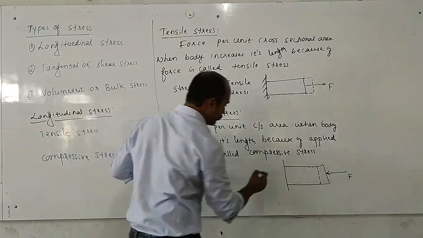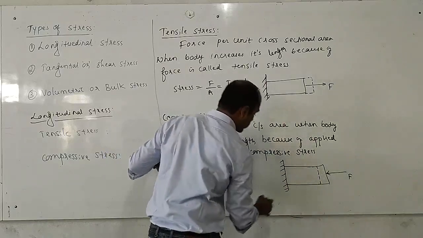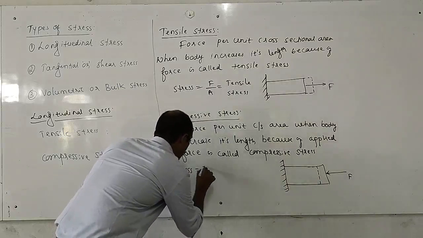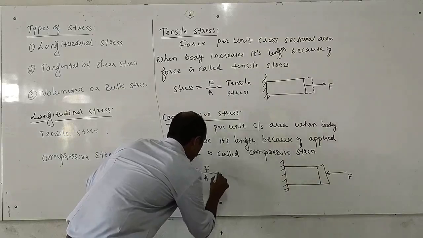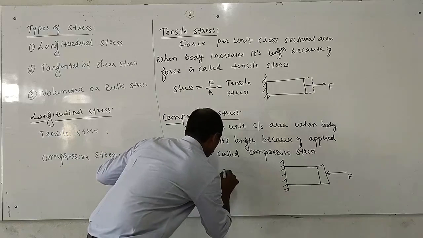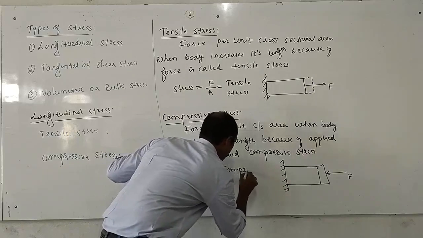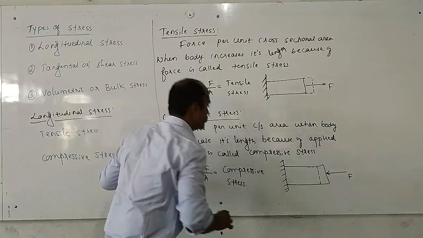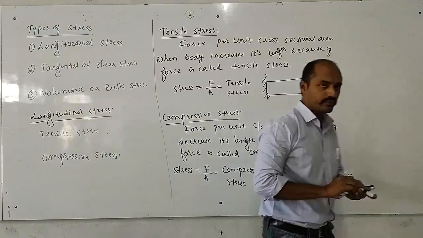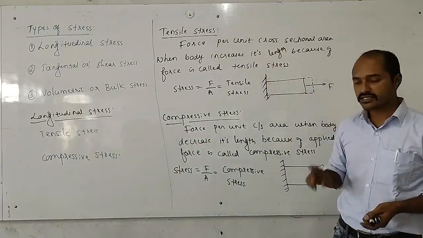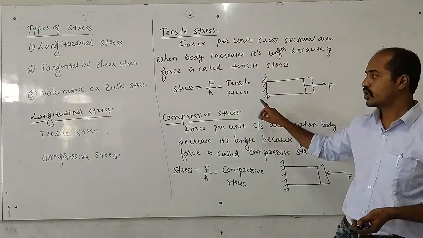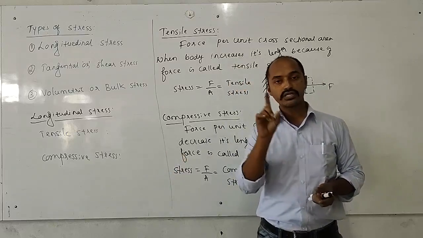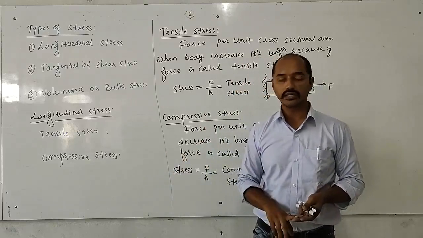If the length of the body is decreased, then whatever stress is developed here, force divided by cross-section area, is equal to compressive stress. Remember, this tensile stress or compressive stress, or simply longitudinal stress, occurs because of change in length of the body, right?